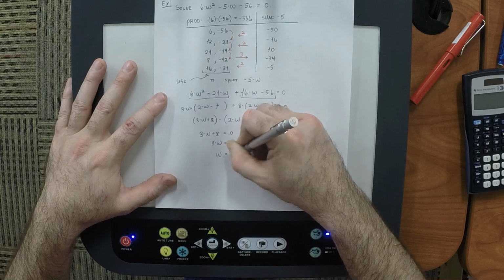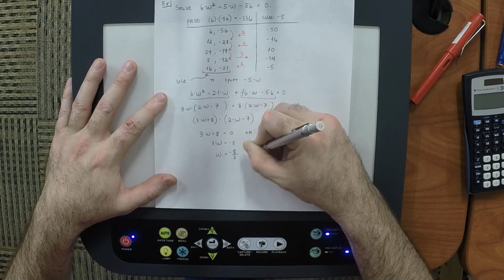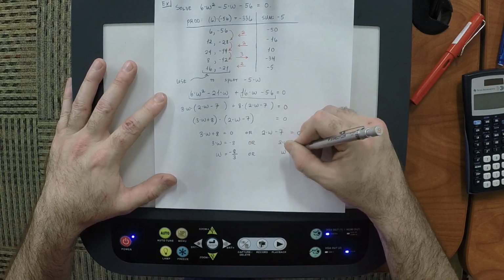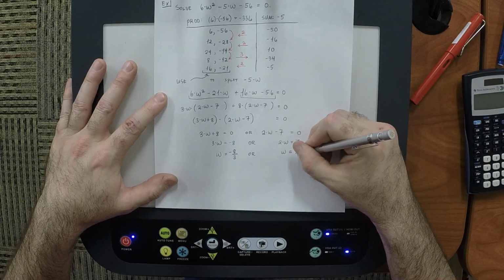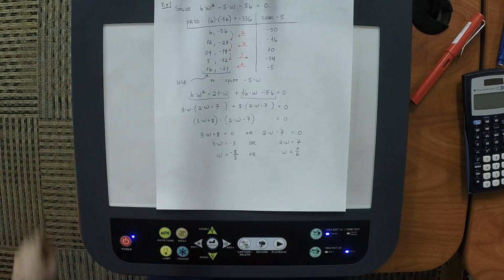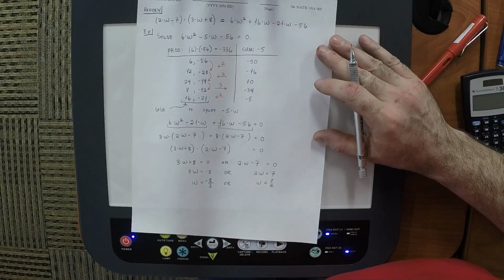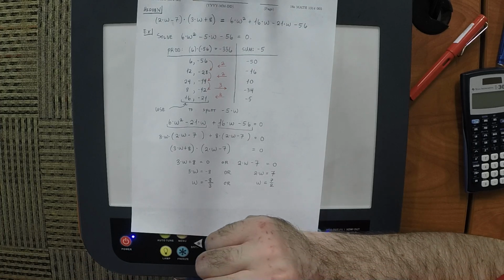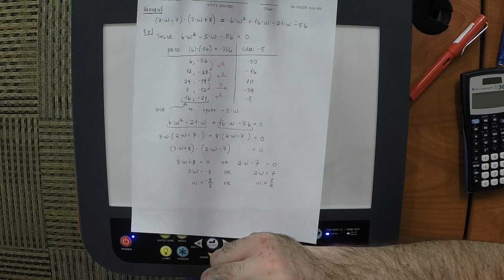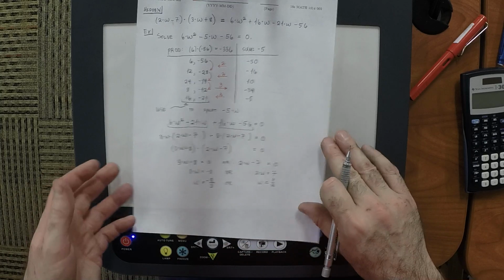W is negative 8/3, or w is 7/2. Any question about this example? Okay.